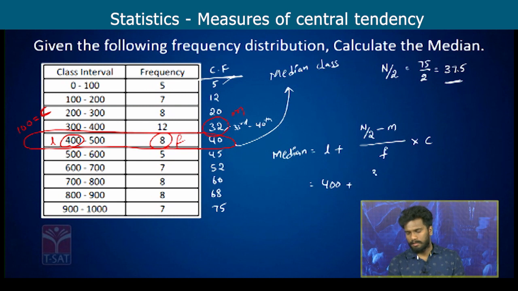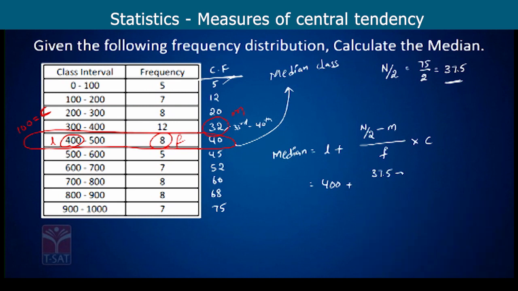400 plus 37.5 minus m, which is 32, divided by f, which is 8, into 100. So it becomes 400 plus 5.5 by 8 into 100, which is 68.75.